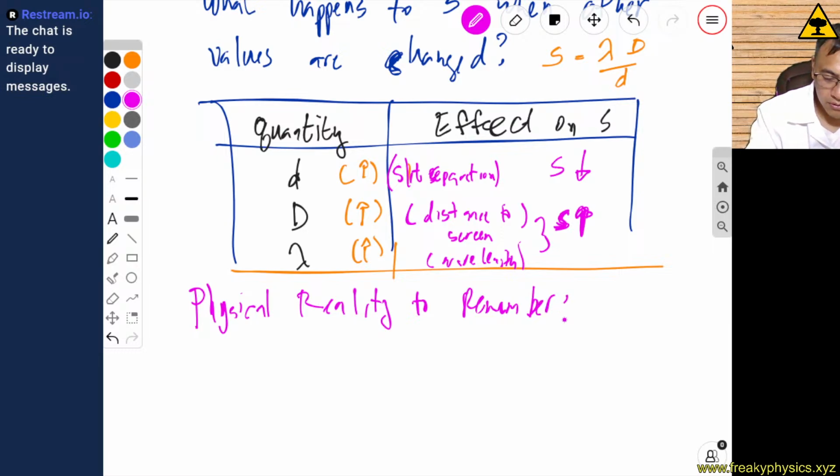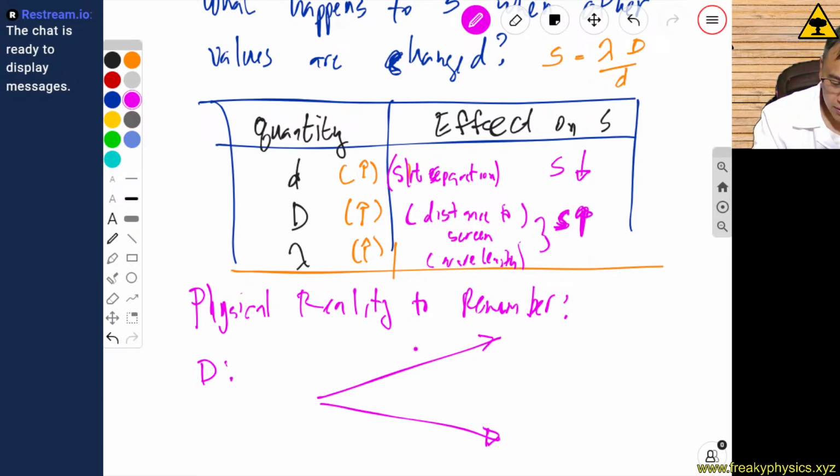Now, think about it this way. Let's start with D. I'm not even going to draw the double slit for now. Remember that the double slit experiment will make the light spread out like that. So basically the effect of increasing D is that you're moving that screen.